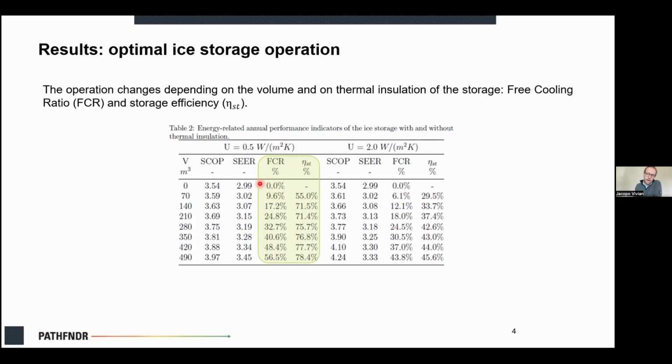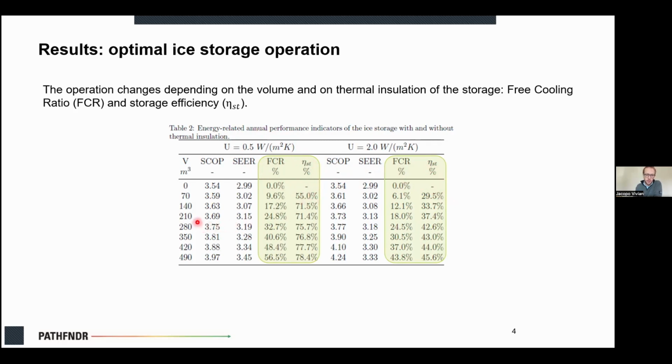If you look at the case assuming thermal insulation, of course, the numbers increase. But what I want to show you is that the seasonal efficiency is almost double if you move from uninsulated to insulated storage.